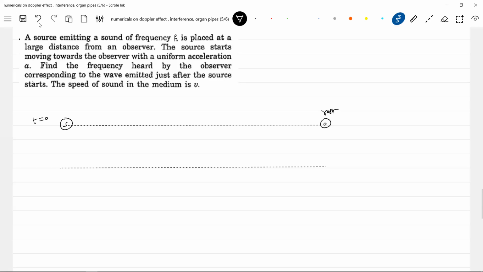Find the frequency heard by the observer corresponding to the wave emitted just after the source starts.